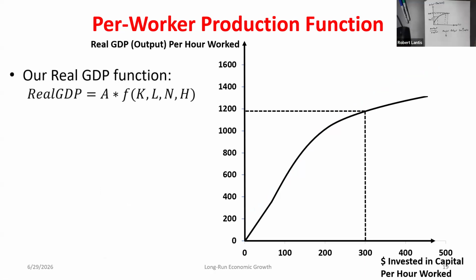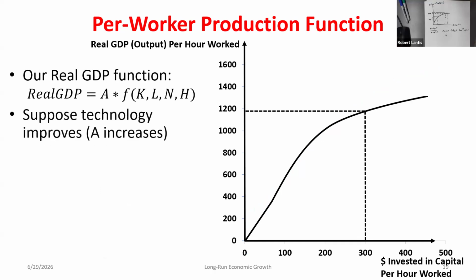Well, if we have some real GDP functions, I gave you the functional form earlier where we're taking capital and labor to different powers and then multiplying them by each other. We also had it multiplied by A, our total factor productivity or our total level of technology. So let's assume that technology increases. The same investment in the capital means the same K put into that function, so this wouldn't change.